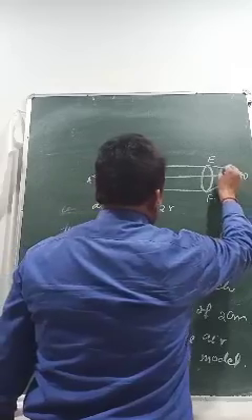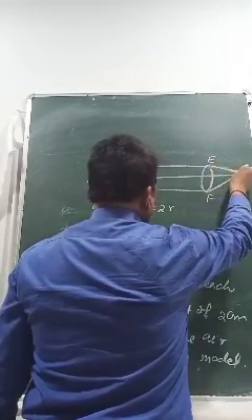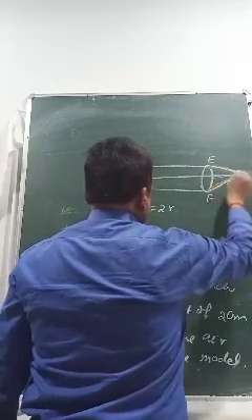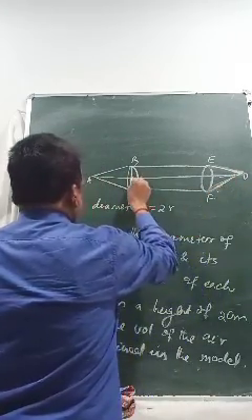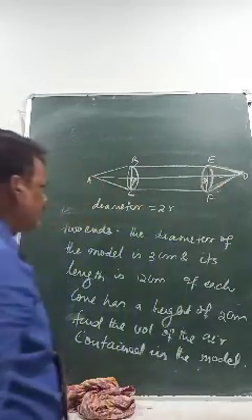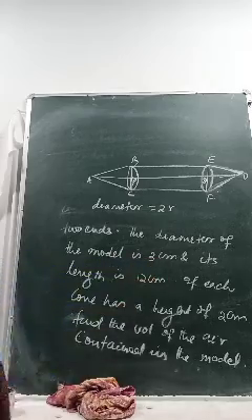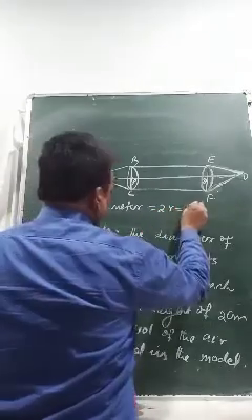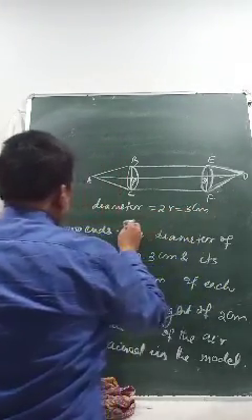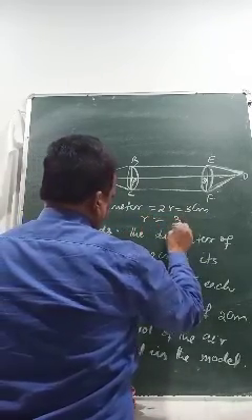Total length, suppose PQ. Diameter is 2r. Diameter is 3 centimeter. So 2r is 3 centimeter. That means r is equal to 3 by 2 centimeter.